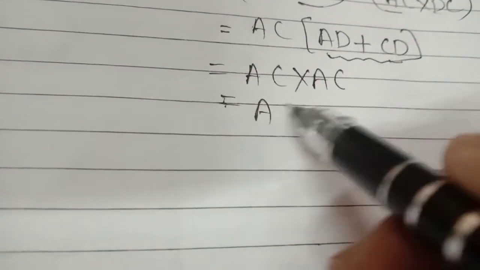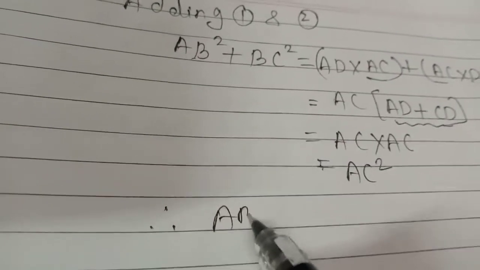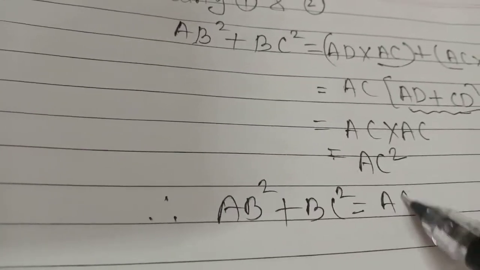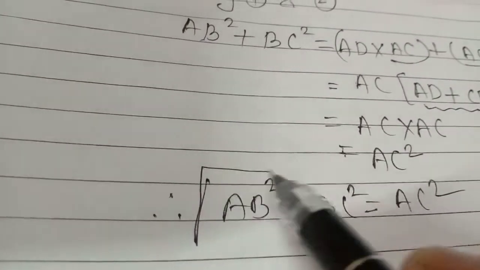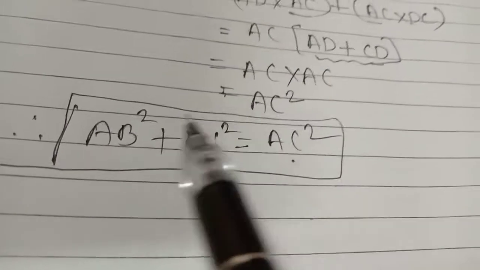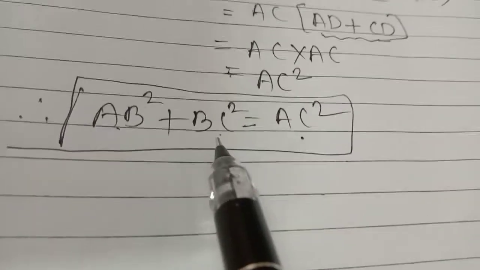AC. So we got AC square. So that's why we can write therefore AB square plus BC square is equal to AC square. This is the Pythagoras theorem: square of hypotenuse is equal to the sum of squares of its two adjacent sides.